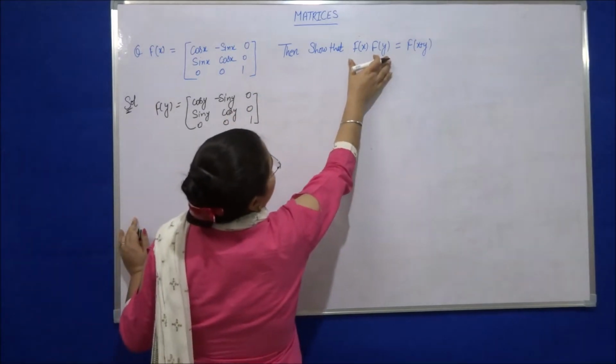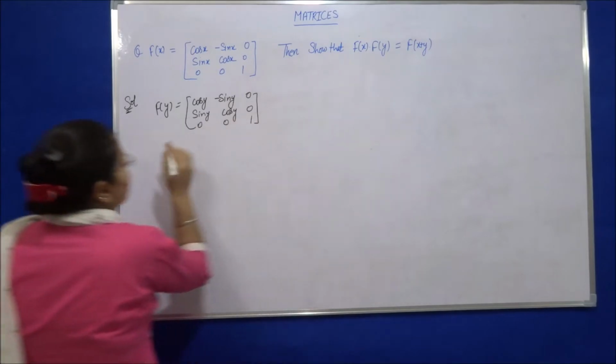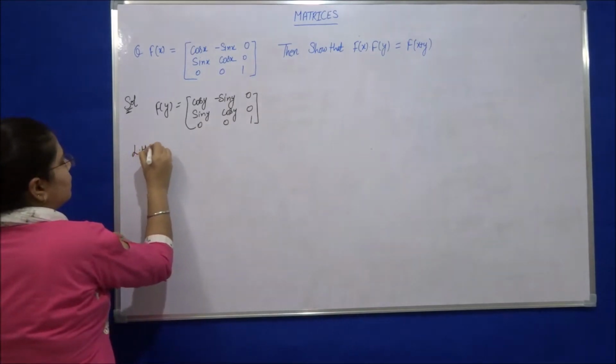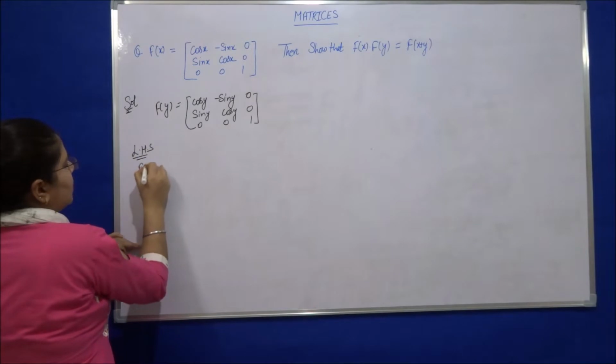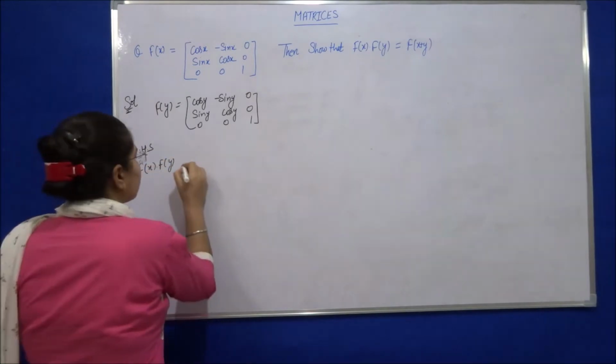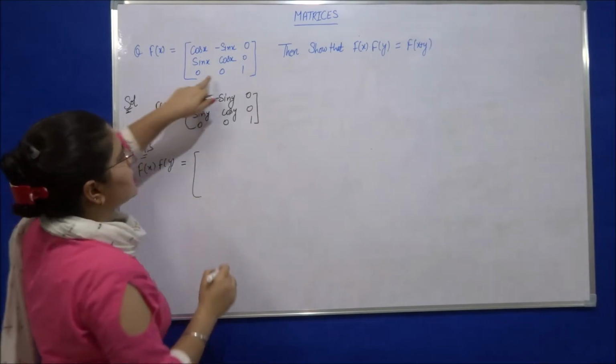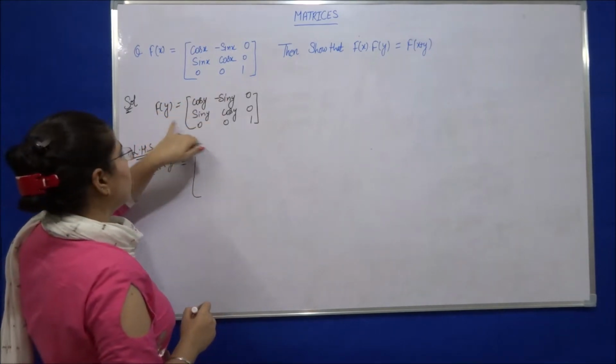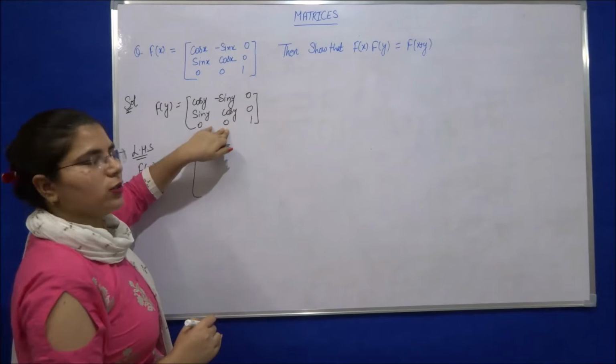Now we will proceed from the left hand side. Multiply f of x with f of y. Here f of x is given to us and similarly matrix f of y is also given to us.